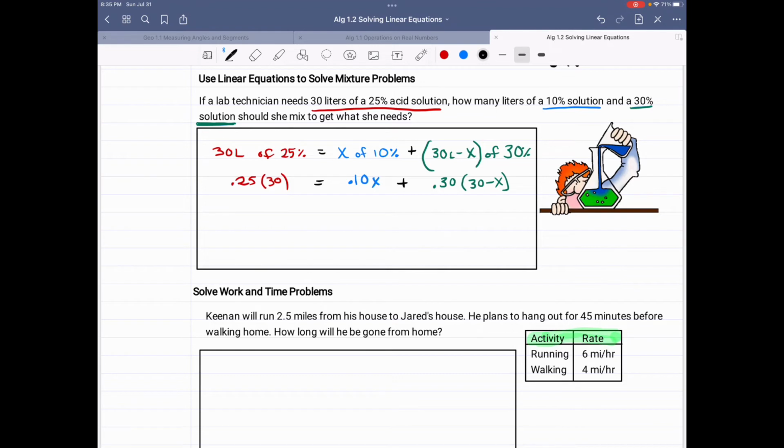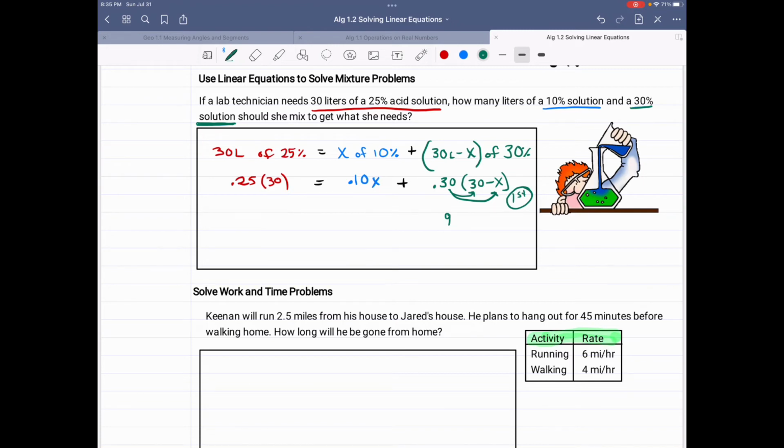So how would we solve this equation for x? I'm going to use the method where we distribute first, because this green part is a little bit messy for me. So we are going to distribute the 30%. That's going to be my first step to solving this equation. 30 times 0.3 is going to be 9.